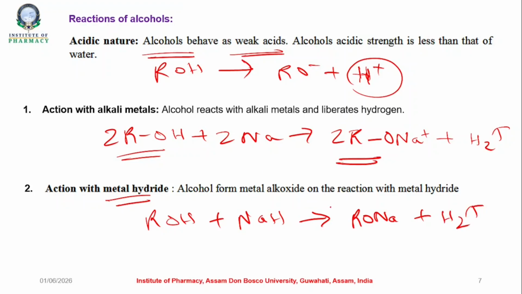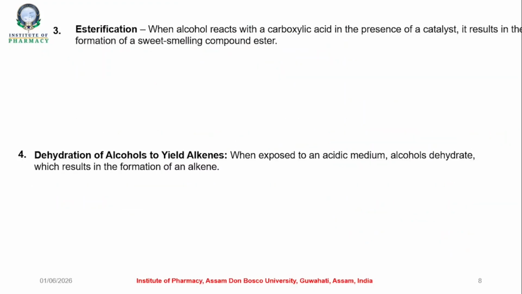So in this case also, hydrogen gas will be released. So we have these two reactions. We'll see another two reactions, very common. The next reaction is very common, and it is used for identification purposes of alcohol also.